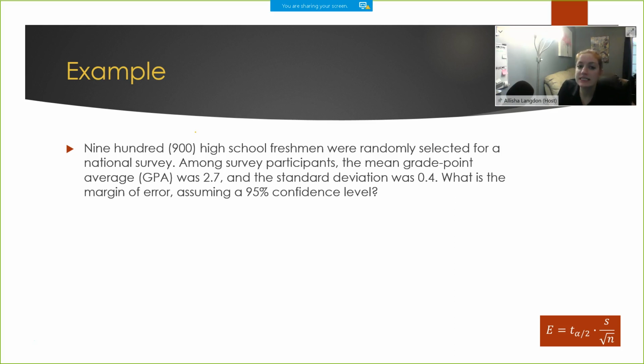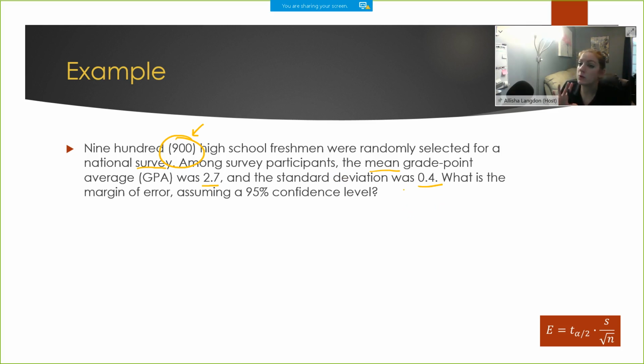So notice what they did here is they took a survey of a group of students, and they surveyed 900 students. And they found the mean grade point average of that sample was 2.7. And of that sample, the standard deviation was 0.4.